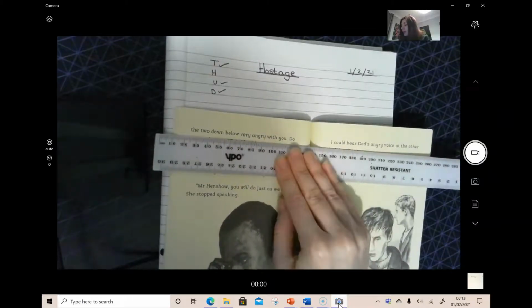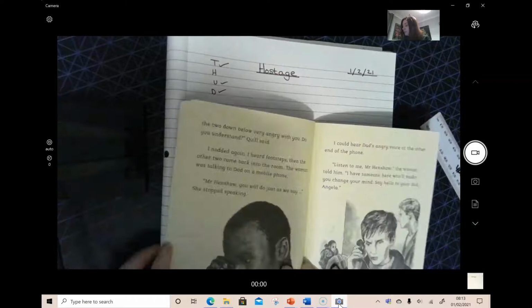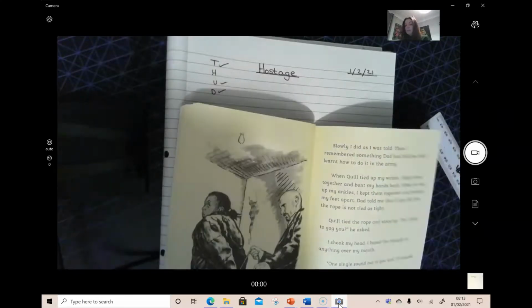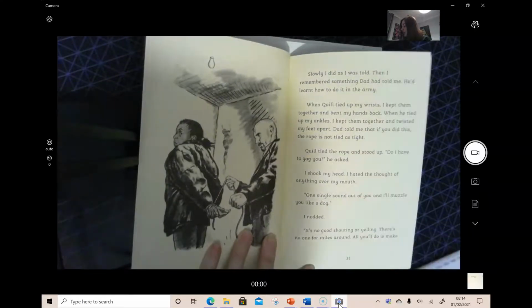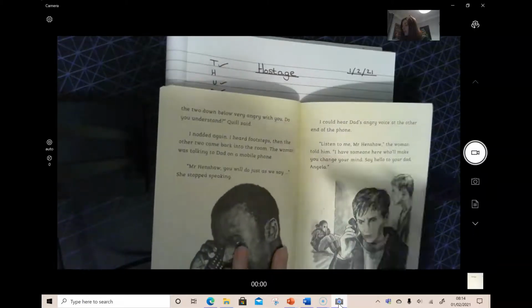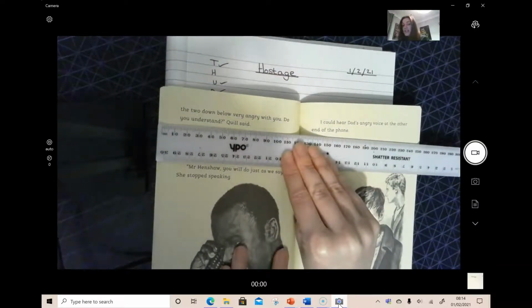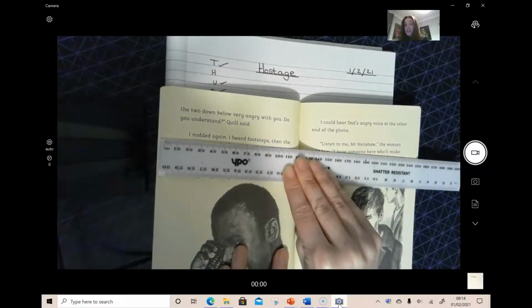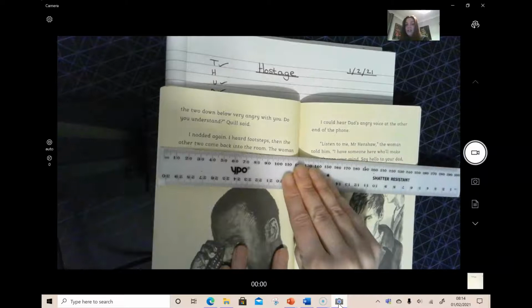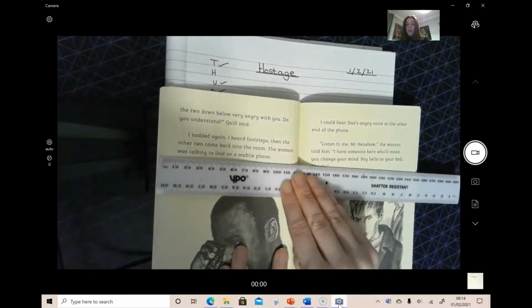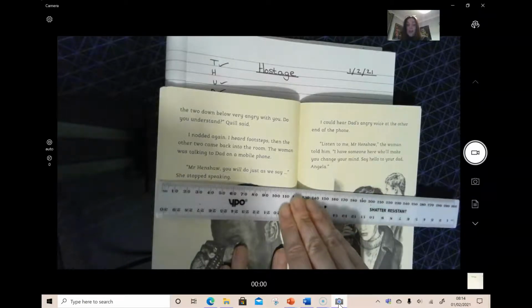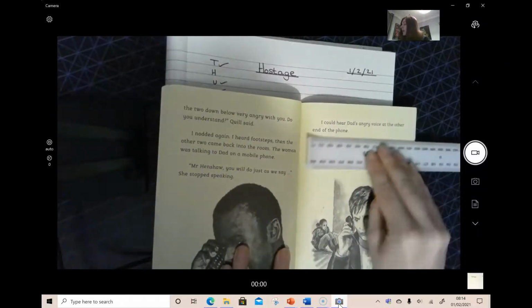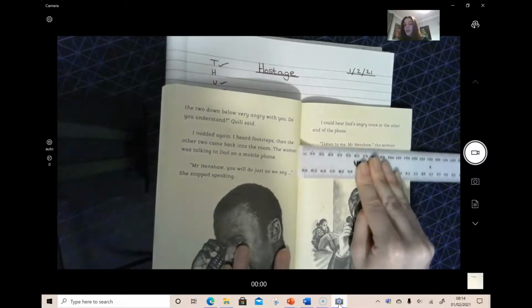The two down below. I've missed a bit. It's no good shouting or yelling. There's no one for miles around. All you do is make the two down below very angry with you. Do you understand? Quill said. I nodded again. I heard footsteps. Then the other two came back into the room. The woman was talking to Dad on a mobile phone. Mr. Henshaw, you will do just as we say, she started speaking. I could hear Dad's angry voice at the other end of the phone.